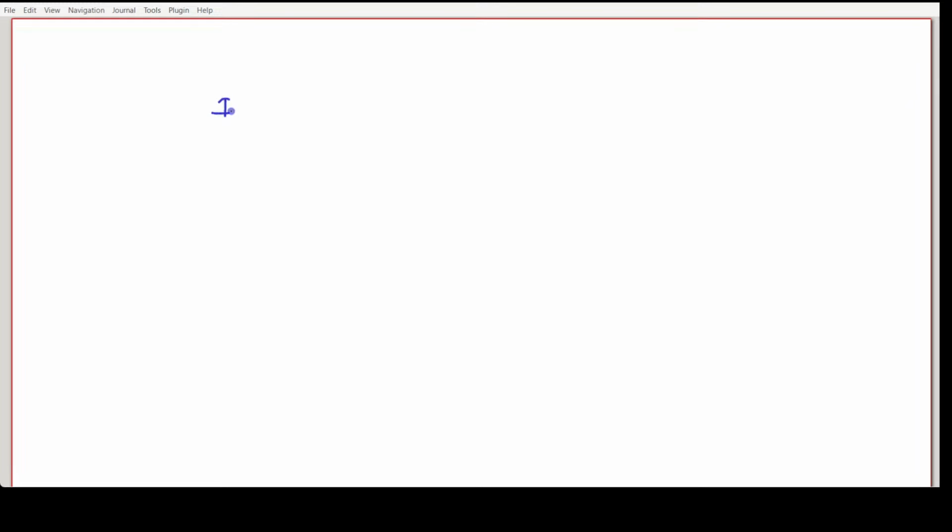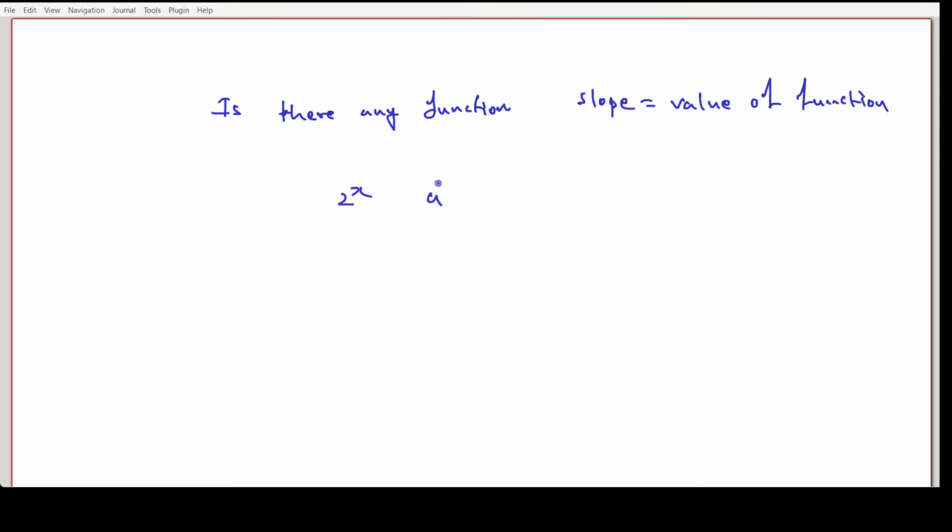Is there any function whose slope equals the value of the function? Understood? Okay. So what they have realized is there are a lot of functions, all the exponential functions. For example, 2 power x, 4 power x, these are a lot of functions.